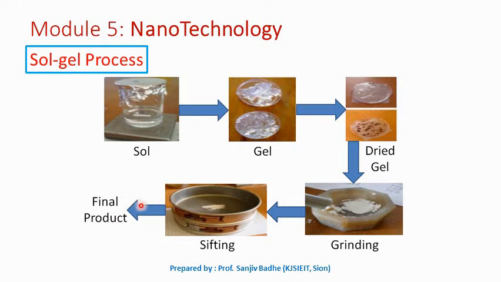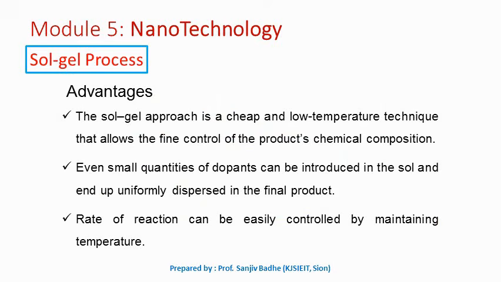This final product can be deposited on a substrate to form a film, or cast into a suitable container with desired shape, or used to synthesize powders. Sol-gel process is a bottom-up process. Its advantages are it is a very cheap and low temperature technique.